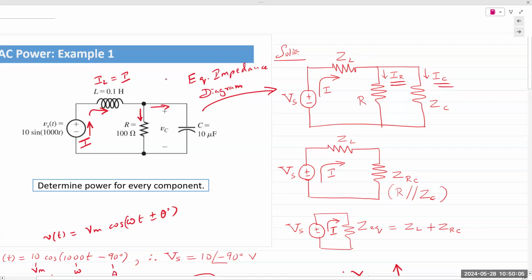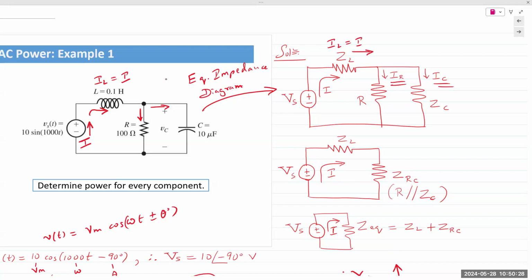Then we note the current coming from the source as I. Source current always goes from minus to plus. And we can see the current goes through the inductor, so inductor current IL is the same as the total current coming from the source.